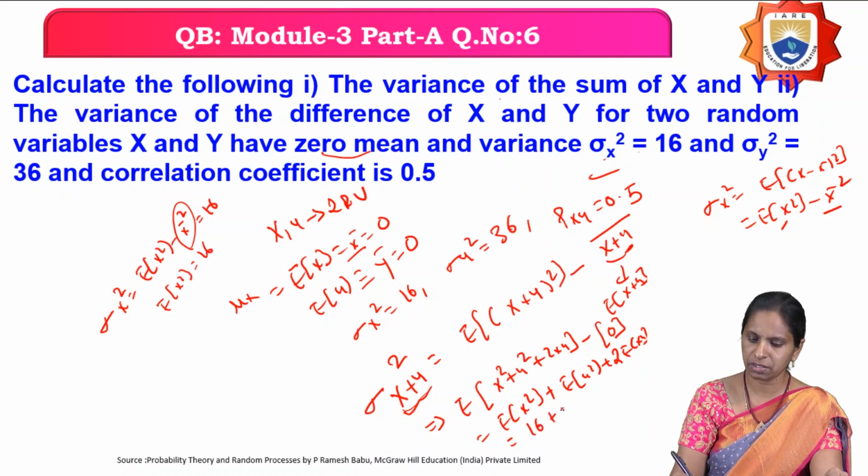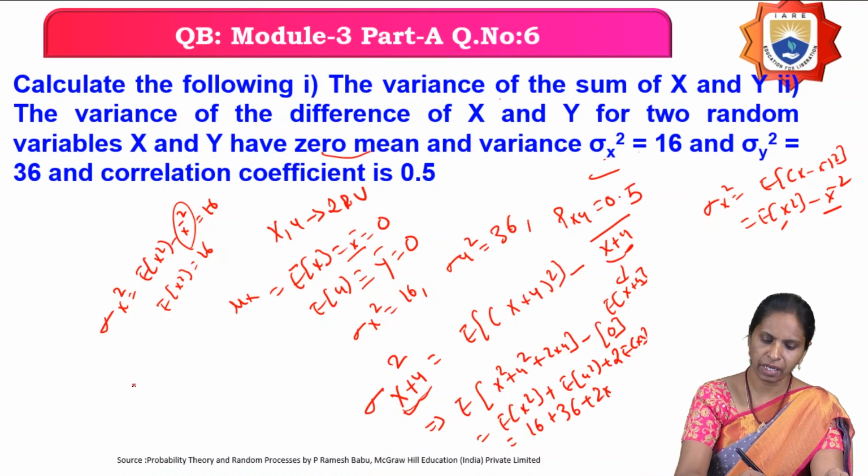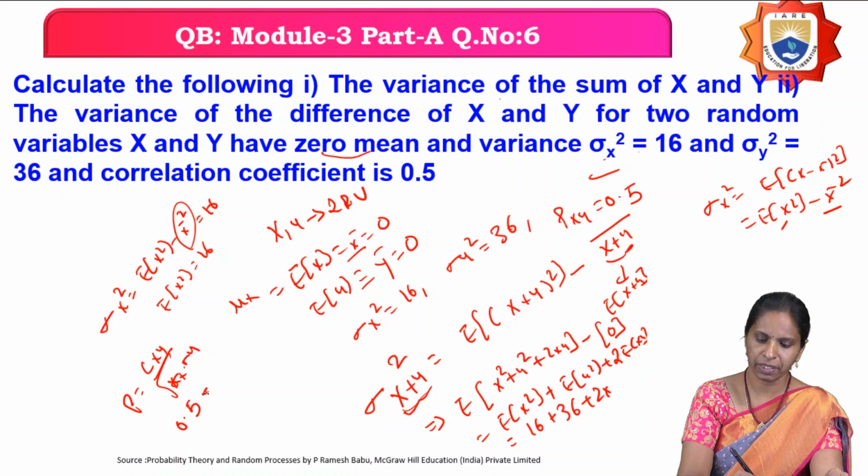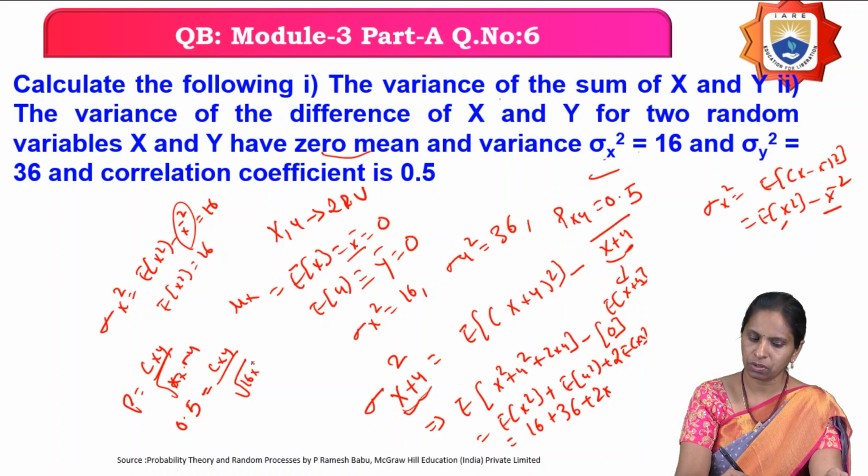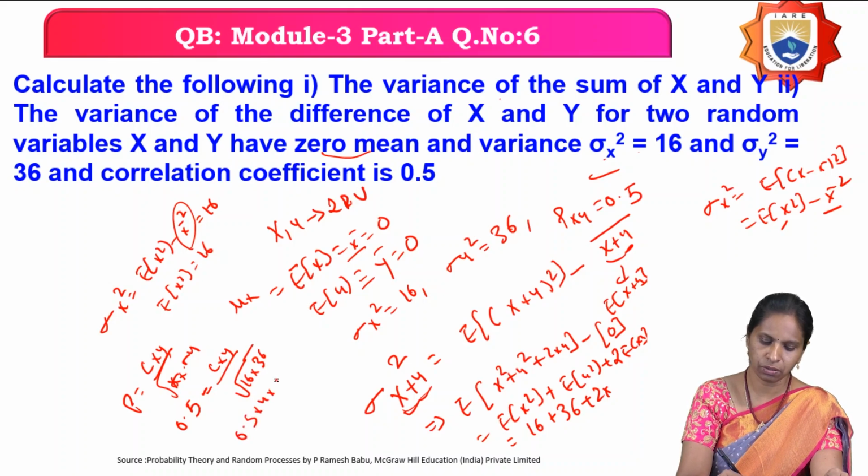So 16 plus 36, similarly plus 2 into, and they have given the correlation coefficient. What is that value they have given? 0.5. So Cxy by square root of sigma x into sigma y. So what is the correlation coefficient they are given? 0.5 is equal to Cxy by, what is sigma x here? Square root of 16 and then 36. Nothing but 0.5 into 4 into 6 is equal to Cxy.